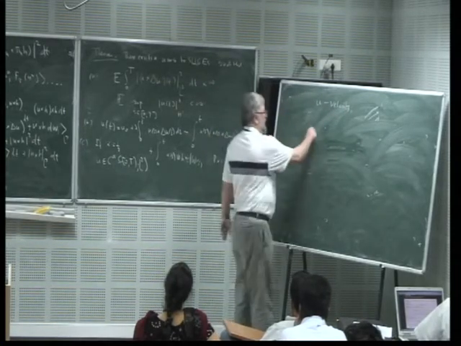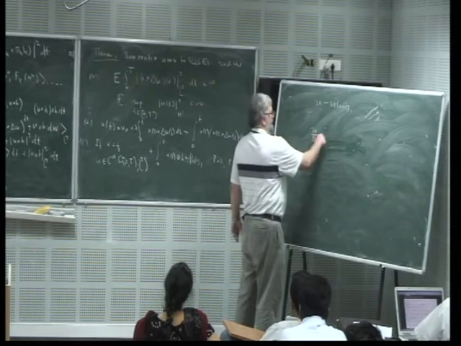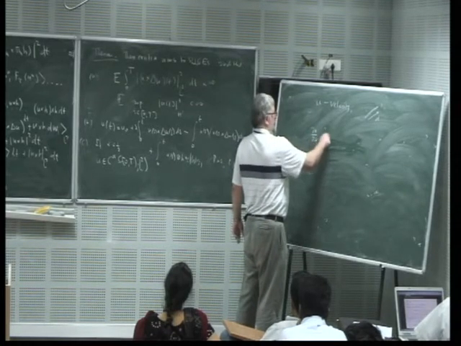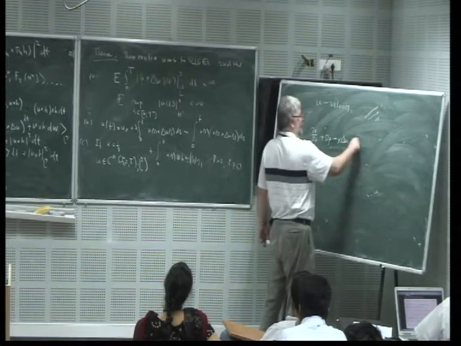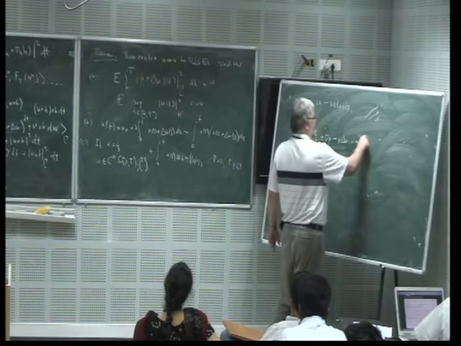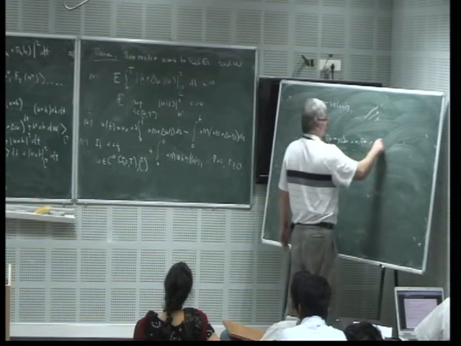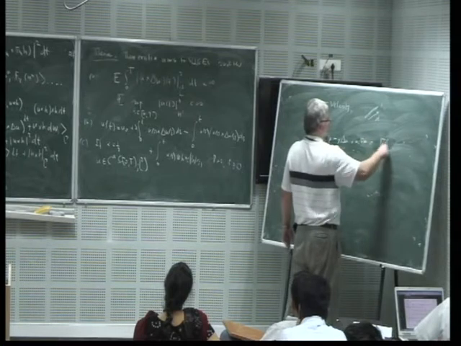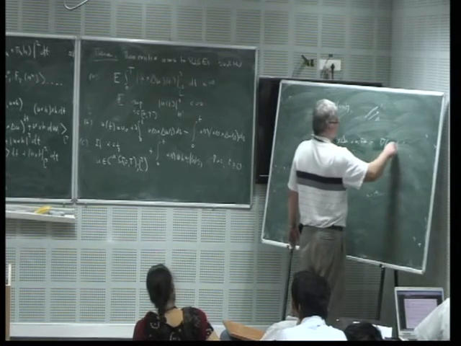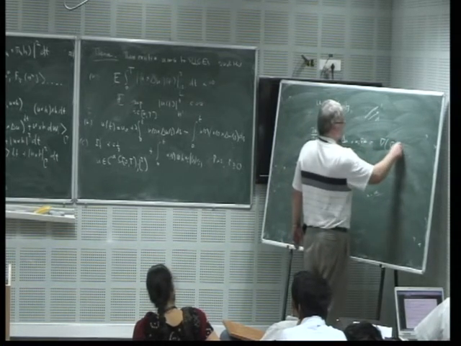You have an equation for u, and I don't remember the signs, but it's something like divergence of gradient d.